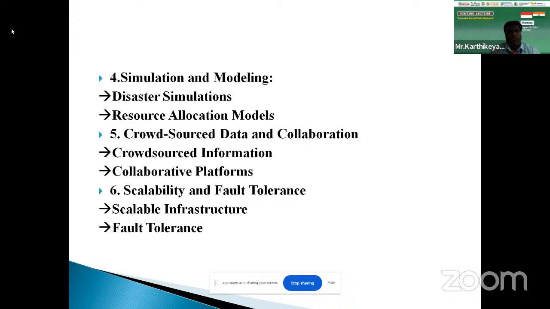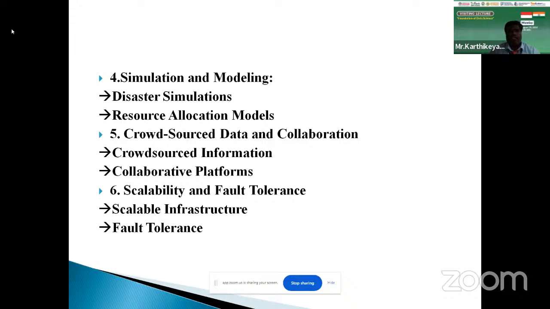These simulations help in understanding potential impacts and planning effective response strategies. And next is resource allocation models in simulation modeling. These can also model different resource allocation strategies to determine the most effective way to deploy resources in response to crises.